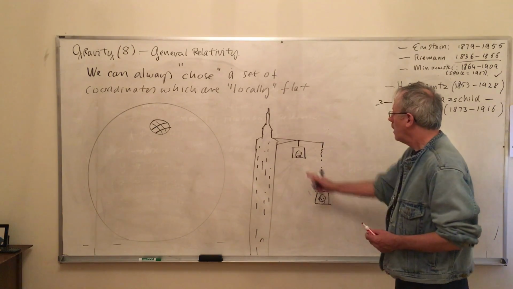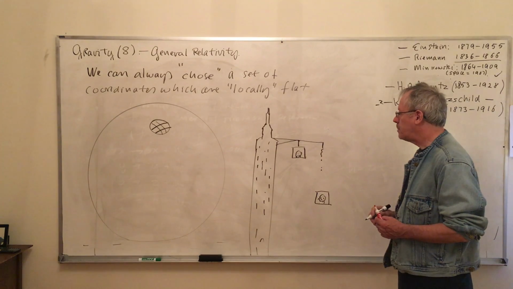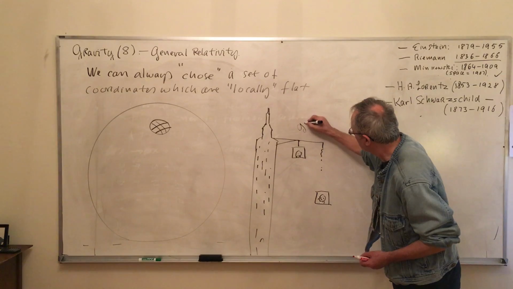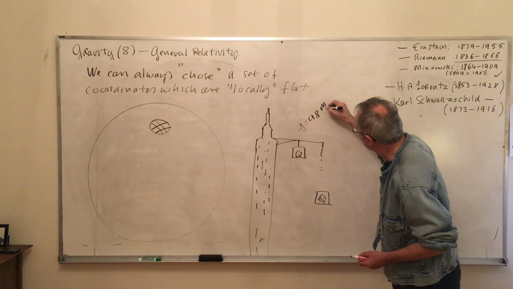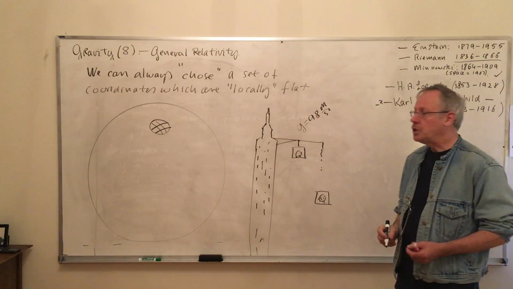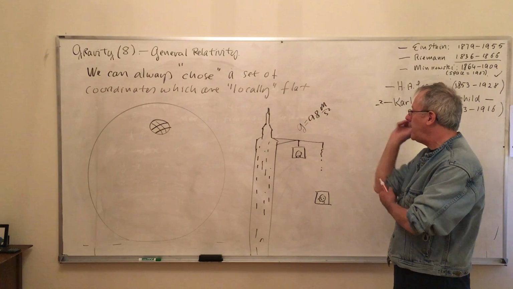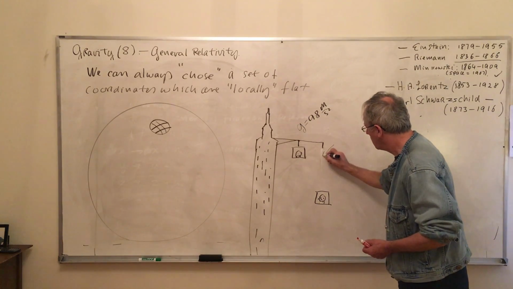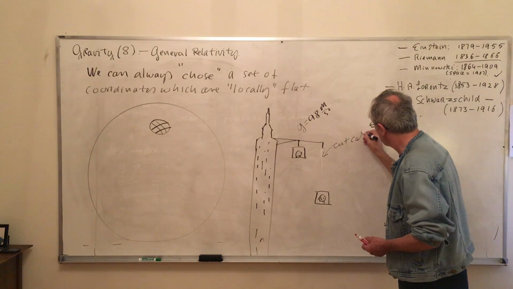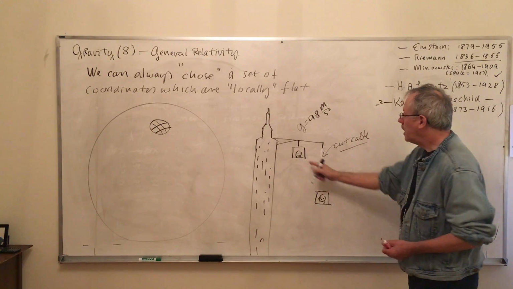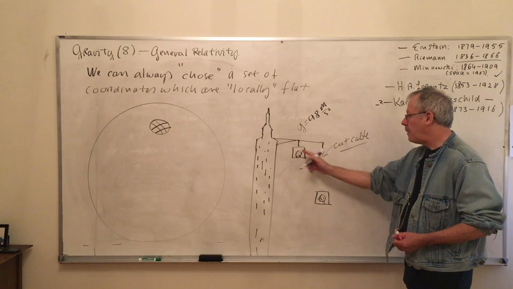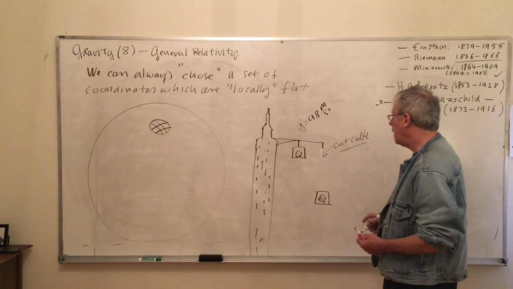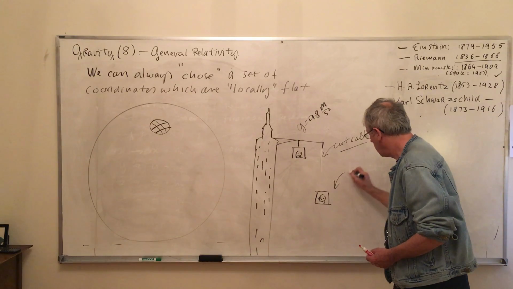So this situation here corresponds to curvature being felt. The acceleration due to gravity here is 9.8 meters per second squared. This one here, what has happened? Now we can have our coordinates in this frame of reference, the coordinates of the whole building. This guy here now is in free fall.